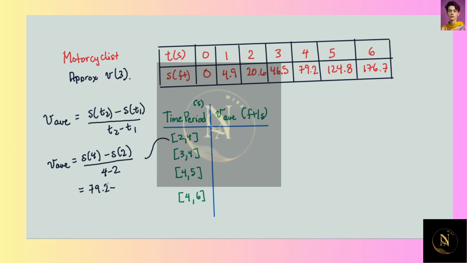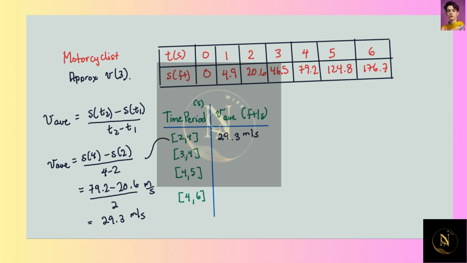So we'll get S of 4, 79.2, we'll subtract S of 2, which is 20.6, and then we divide by 2. That will be in meters per second. When we plug that into our calculator, we get 29.3 meters per second. So our average from 2 to 4 is 29.3 meters per second.